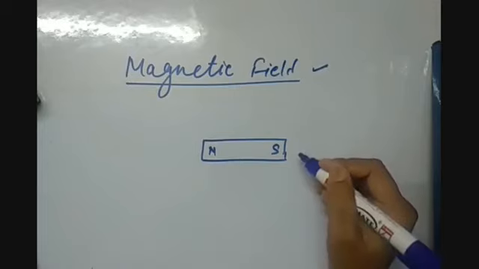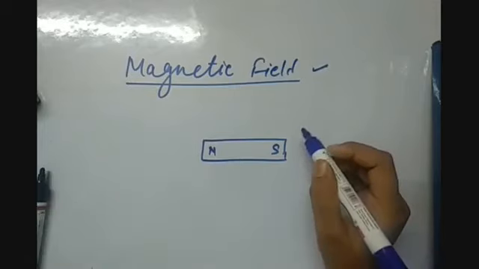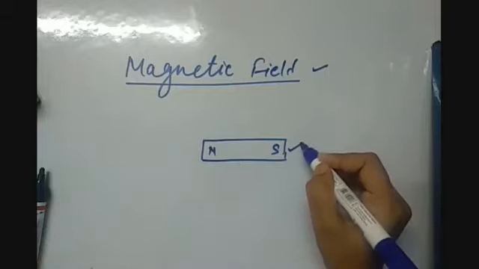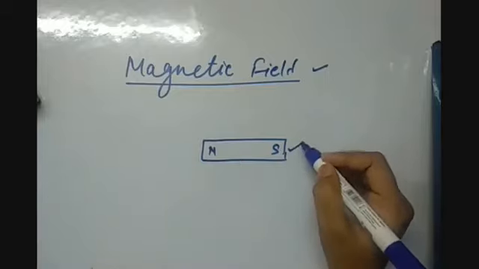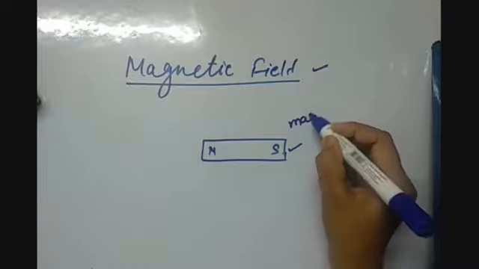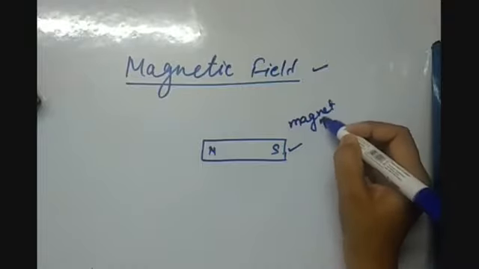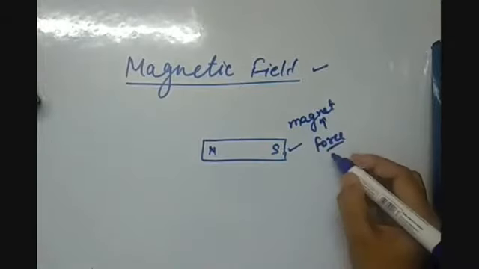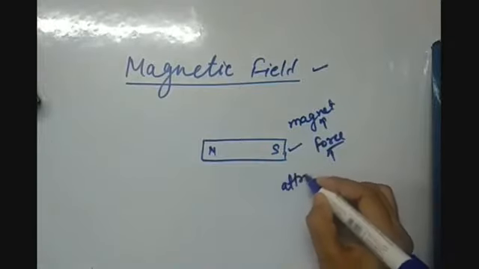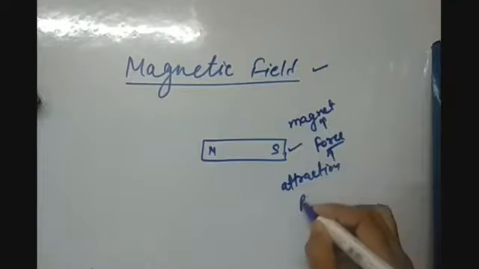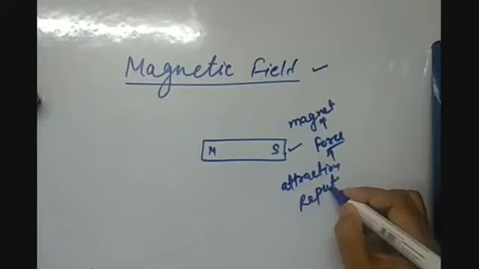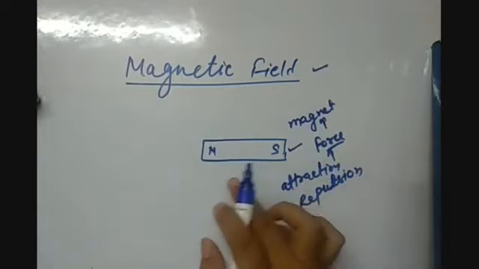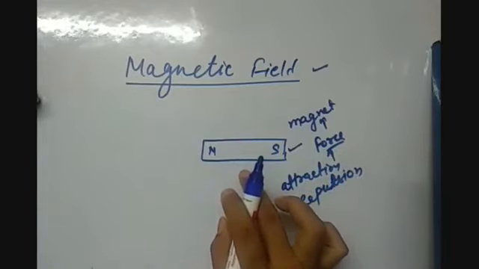Or you can also say that magnetic field is the region or the space around a magnet in which another magnet will experience a force on it. This force can be attraction or repulsion. But there must be some force exerted on another magnet when it is placed in the magnetic field of one magnet.